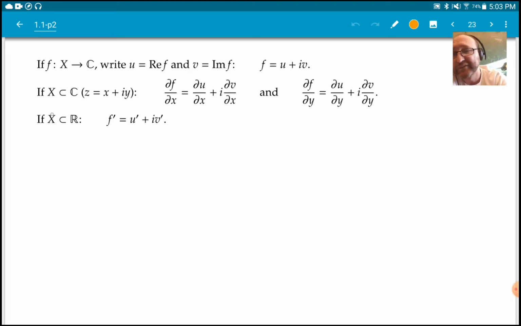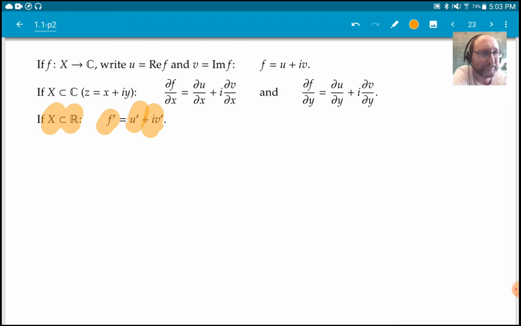Now, if X is a subset of the real line, it's just the regular one variable calculus derivative, and we're taking a derivative of the real part plus i times the derivative of the imaginary part.